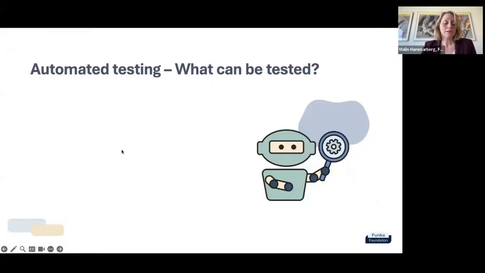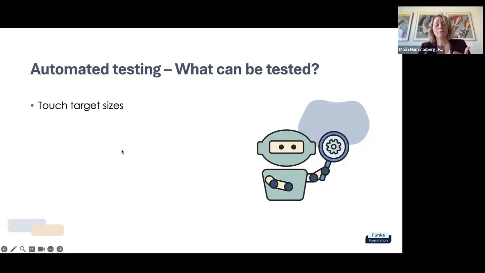So when it comes to automated testing in mobile applications, there's actually not that much that can be tested. They are very limited to just some checks. What the automated tools test is the touch target size, which actually is one of those AAA criteria in WCAG, but they are very important when it comes to mobile phones.